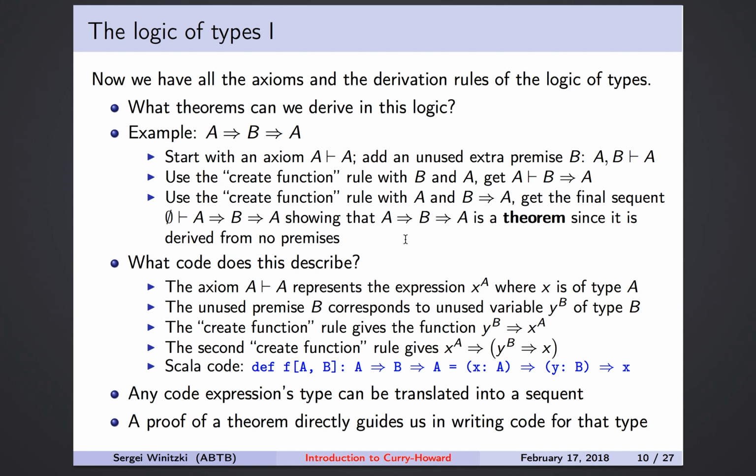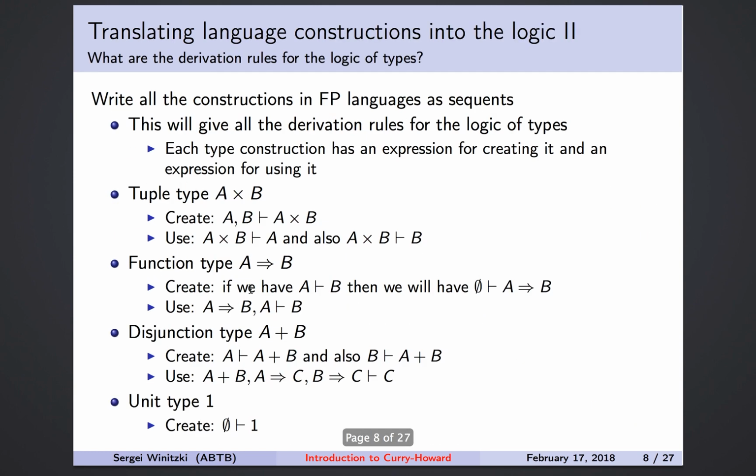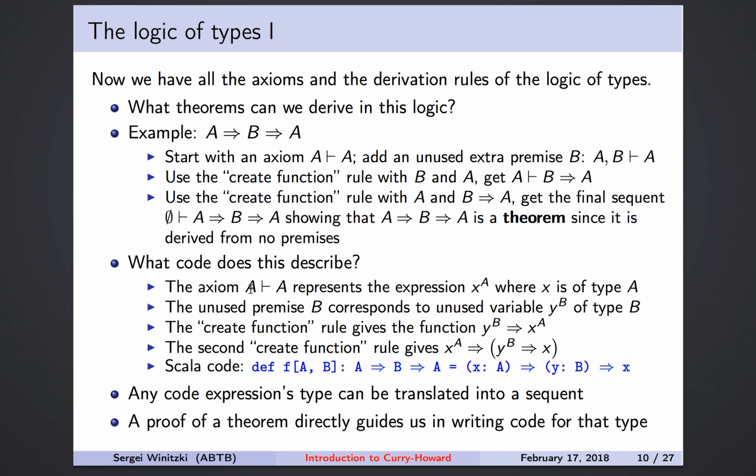So there cannot be any proof that is untranslatable into code, as long as we use the right rules and axioms of the logic. And it's much easier to reason about logic than to reason about code expressions, because there is less information in the logic.